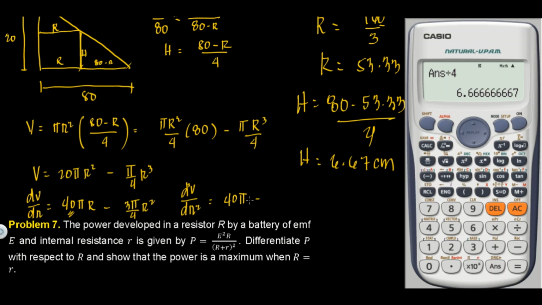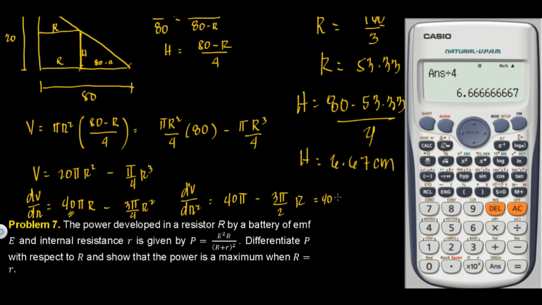So, we have 3 pi over 2. Yes, times R. Okay, then, what is the value of the second derivative V when R is 53.33, substitute lang dito, ano?